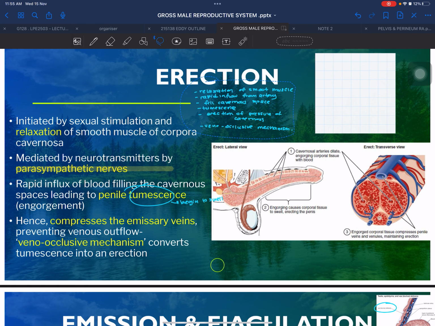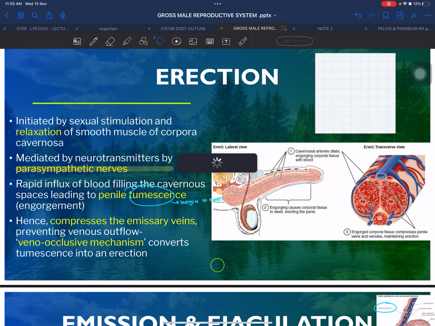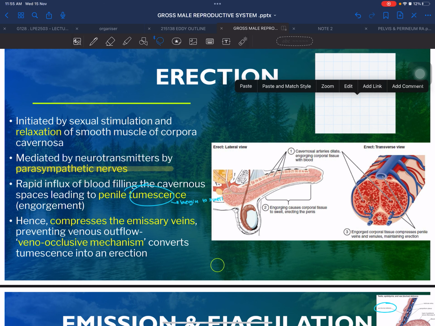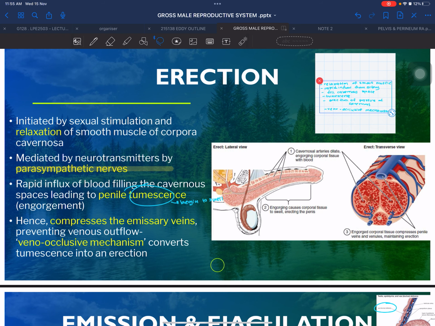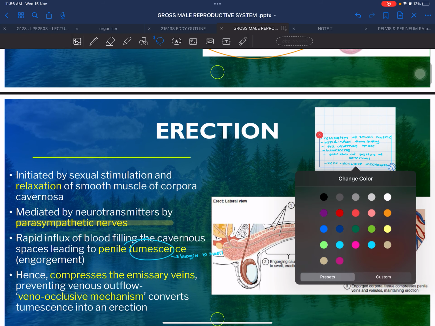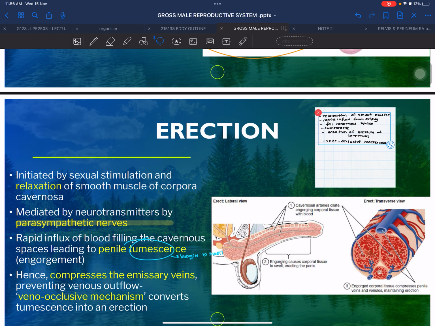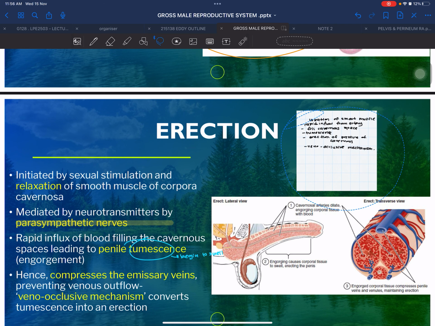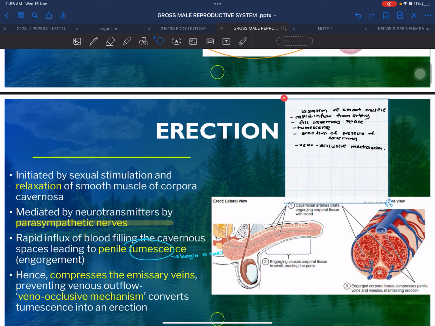Okay, this one dilates, engorges. Okay, after the vessel dilatation and engorgement, it obstructs or compresses the emissary veins, preventing the venous outflow, the veno-occlusive mechanism, to sustain the erection. Okay, so this is a 3-step process for the erection.